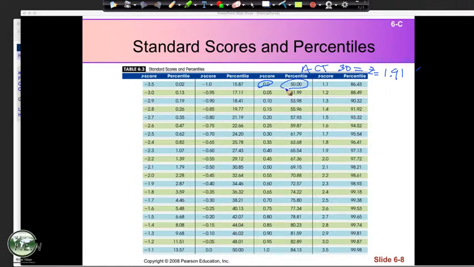That means if we got a z-score of 0, we scored better than 50% of the people. Percentile means percent better than. The 50% scored less than us. If we scored the 30, since it's got a z-score of 1.9, we keep going. Here's a score of 1.9. They don't have 1.91. What percent of the people did we score better than?